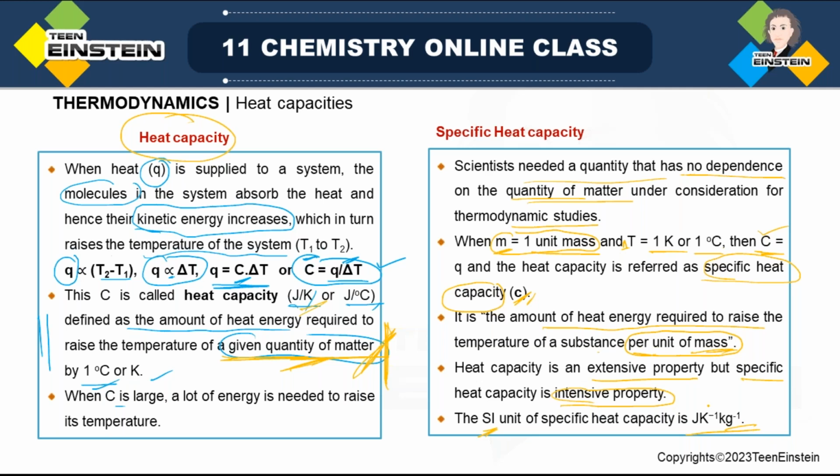That means per unit mass. So this is the difference in unit. Here there is no mention of amount, but here amount is fixed. So it is always per kg or per gram. Here it is per kg. Okay. So specific heat capacity and heat capacity, don't think these two are the same. These are obviously different. Fine.